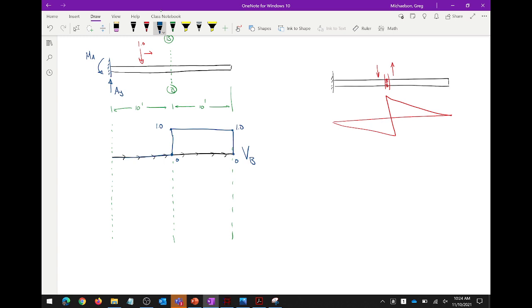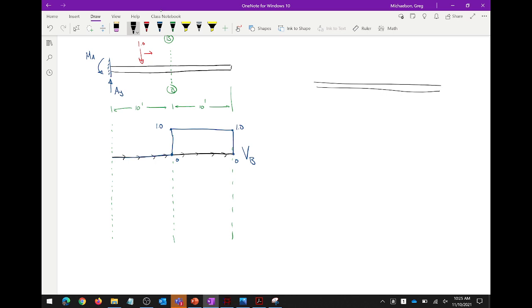Now, does that pass the smell test for the real world? Well, let's see. Here's our beam. We got our reaction here. Reaction here. This is AY, MA.